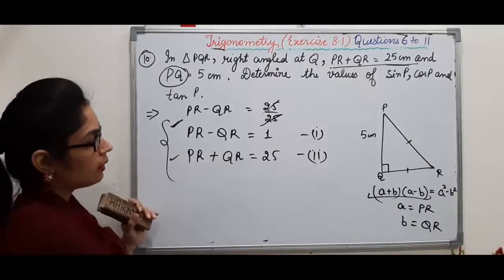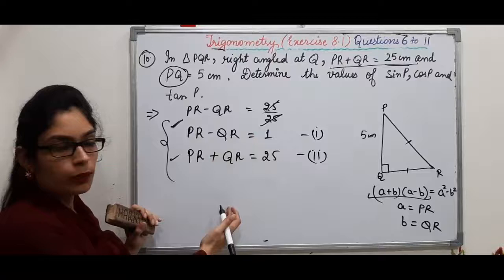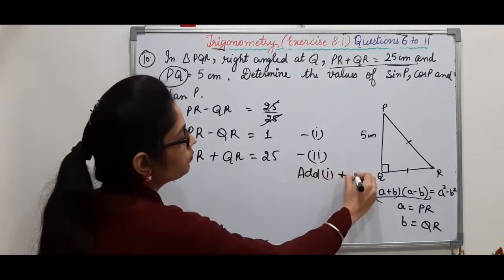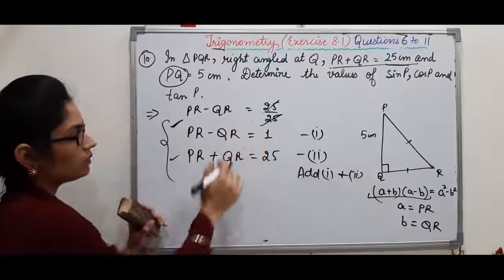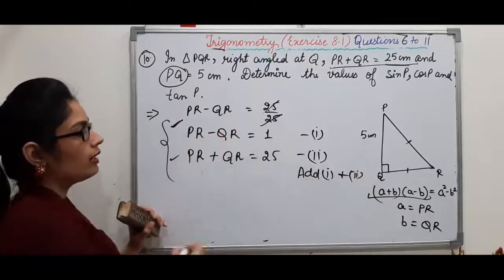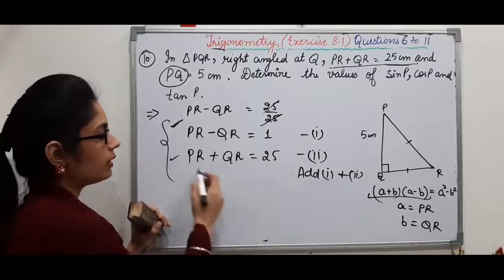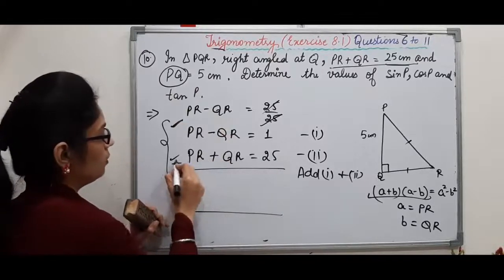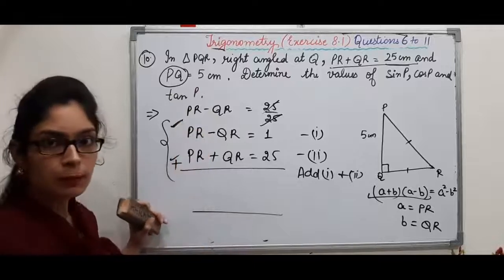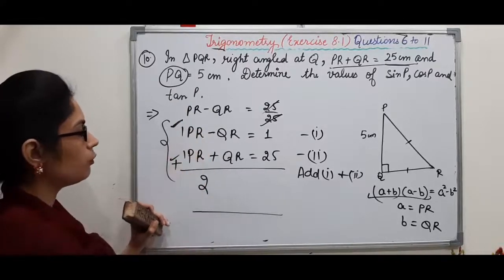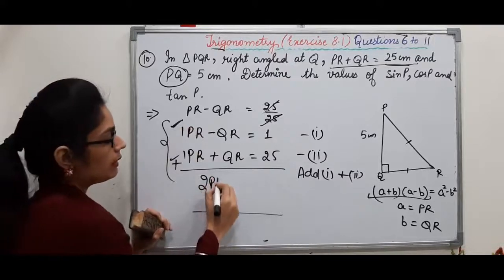In the elimination method, we will add these two equations. So add 1 and 2, because QR is in minus form here and in plus form there, so directly we can add. PR plus PR will be 2 PR, because 1 plus 1 is 2.